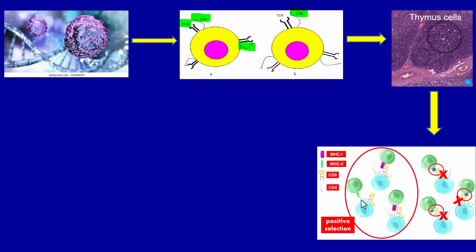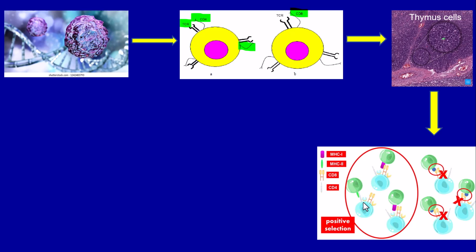On the other hand, another T cell is presented to another thymic cell which has a receptor for the MHC2, major histocompatibility complex 2, and the thymus cell checks this molecule, which is CD4.